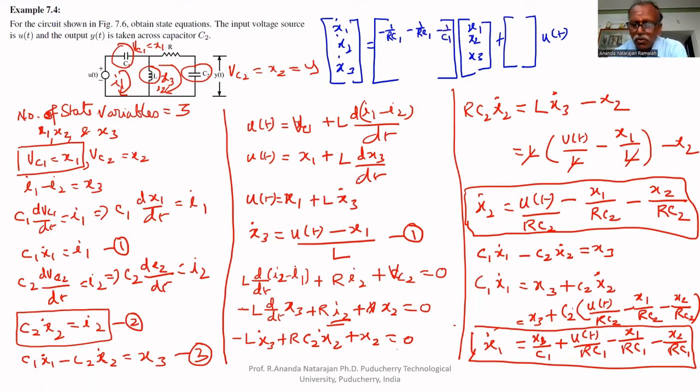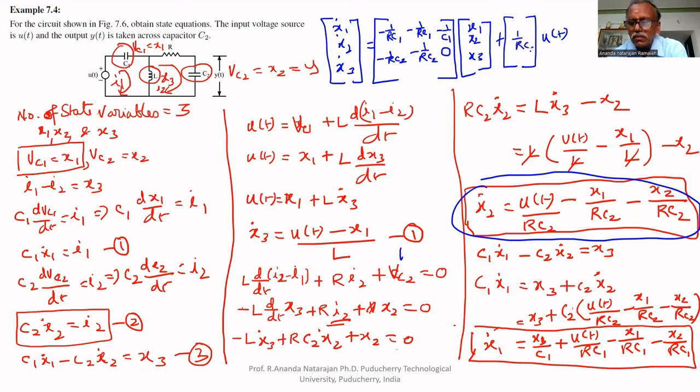That is the first row. Second row, from here we have to get the second row. What is the coefficient of x1? Minus 1 by RC2. The coefficient of x2 is minus 1 by RC2 again. x3 is not there, so that's 0. The coefficient of u(t) is 1 by RC2.